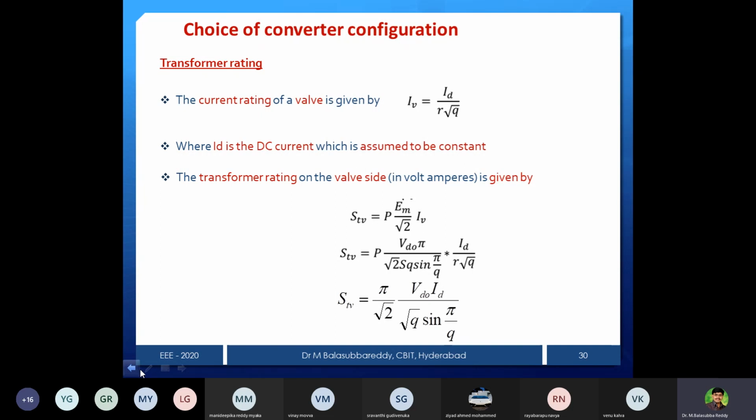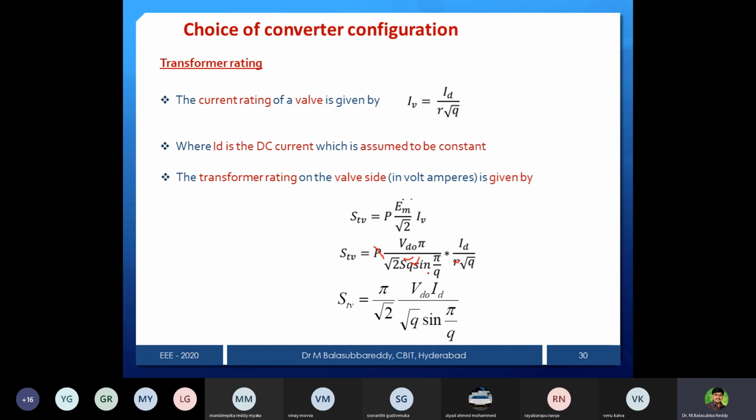How to simplify here? It is a very simple simplification. We can see that there is a P, and this one is equal to QRS. This is R, this is Q, and this is S. So then what will happen? You can cancel out this P with these three terms.